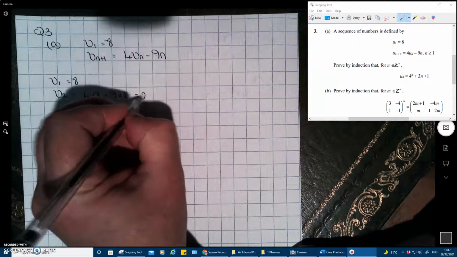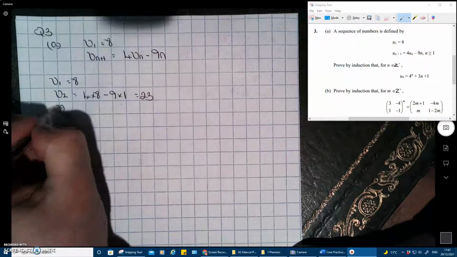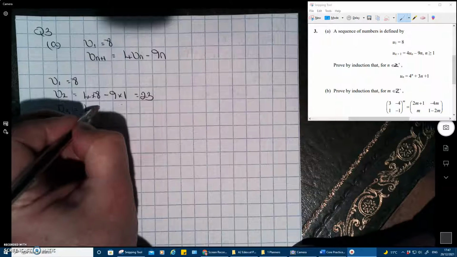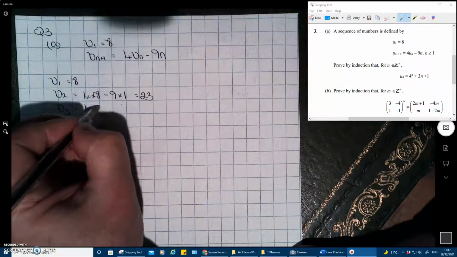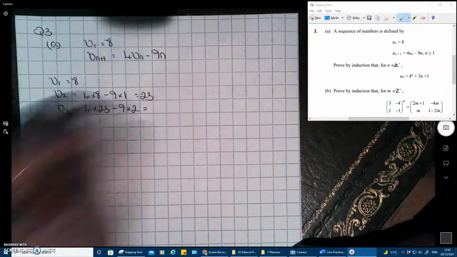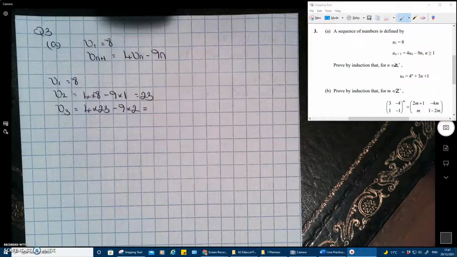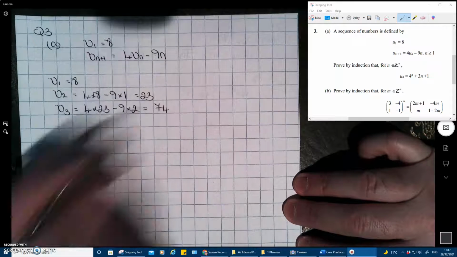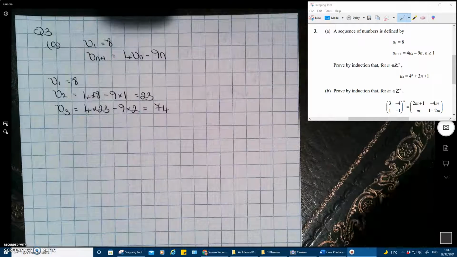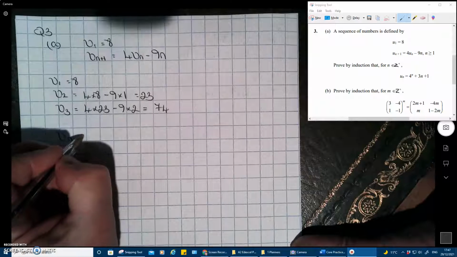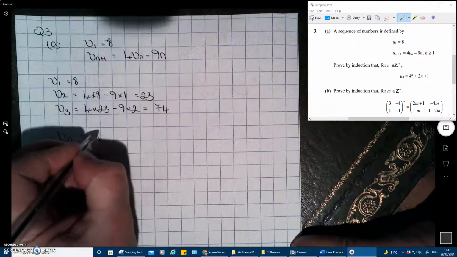Okay, which is 23. u3 would be 4 times 23, take away 9 times 2. 4 times 23 is 92. Take away 18 is 74. And so on.